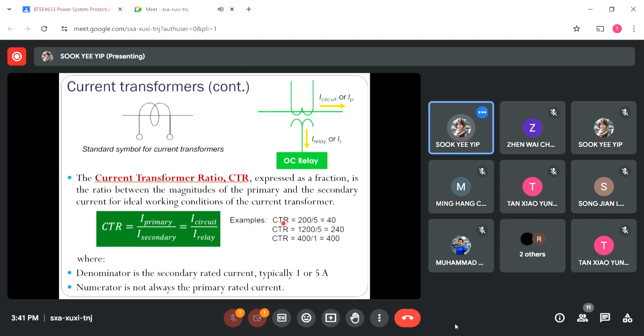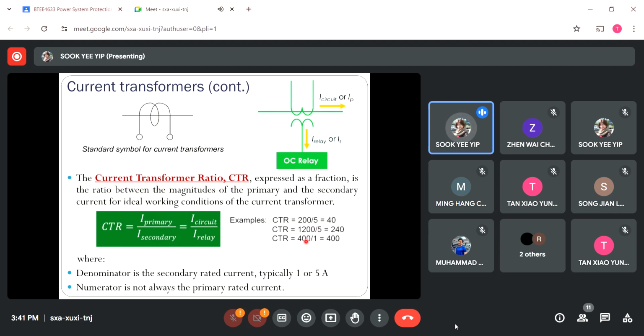Or reversely, let's say the question gives you the CTR of 240, and we know that the normal current passing through the primary coil here is actually 1200. We can also find the secondary current value by dividing 1200 by 240. So we get the value; we know that the secondary current has been standardized to 5 amp.